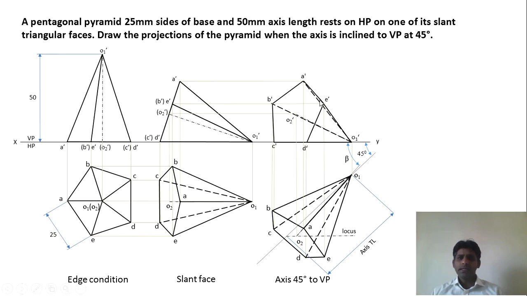Here you can see that there is only a slight change in this face. So it is not notable, but a little change is there in this particular view. There is no difference in solving the problem. So this is the complete solution of the problem. This problem can also be solved on the grid sheets. Thank you.